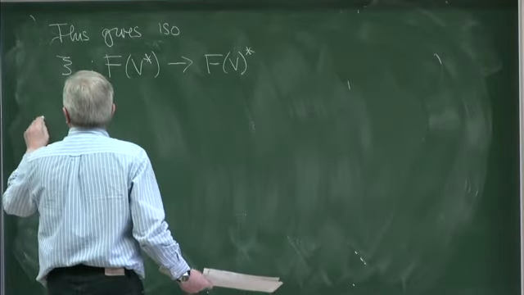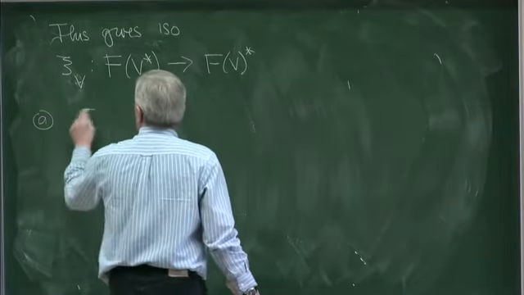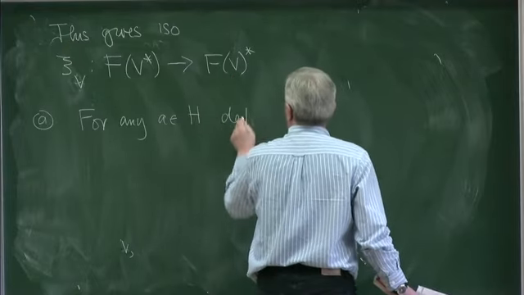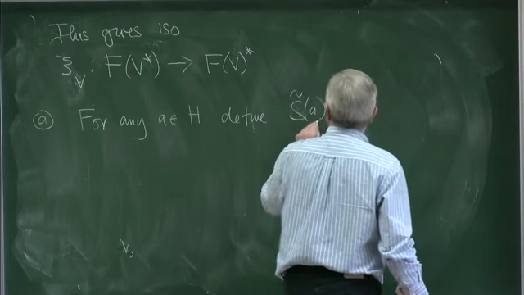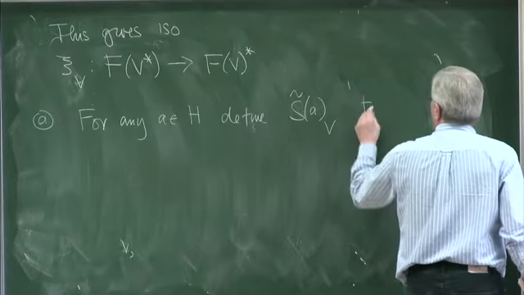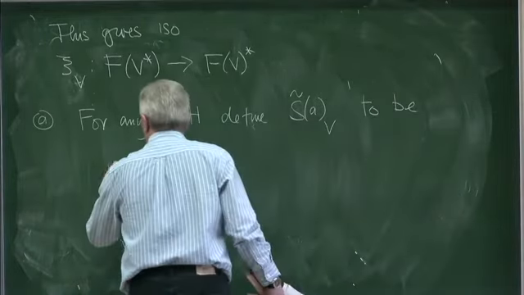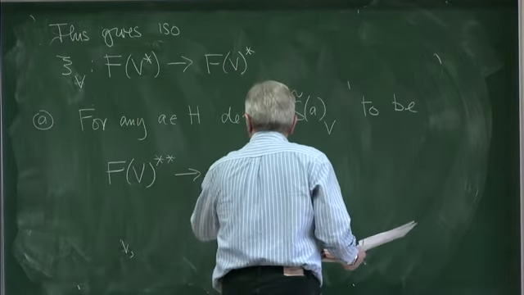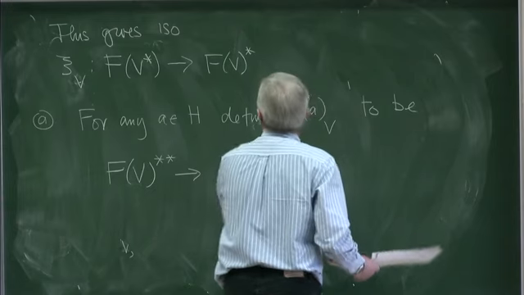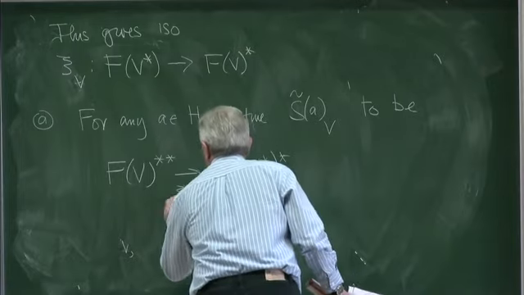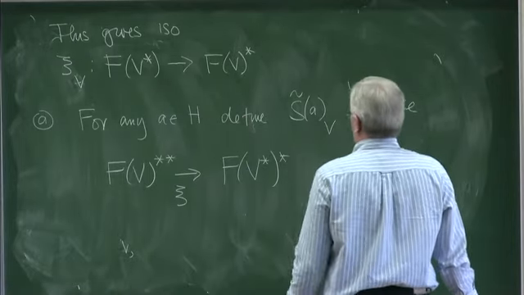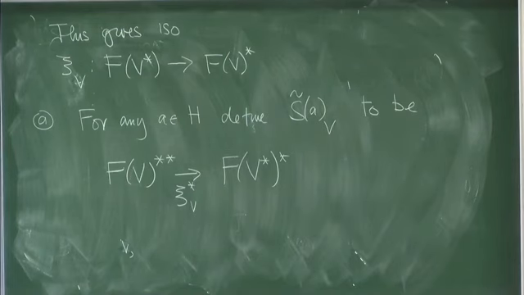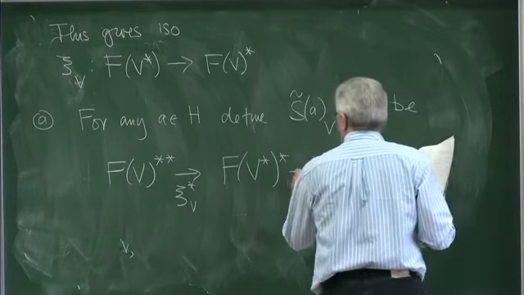Now, we go through a couple of steps. For any A in H, define S twiddle A V to be F of V dual into F of V dual, and this is xi of V dual.